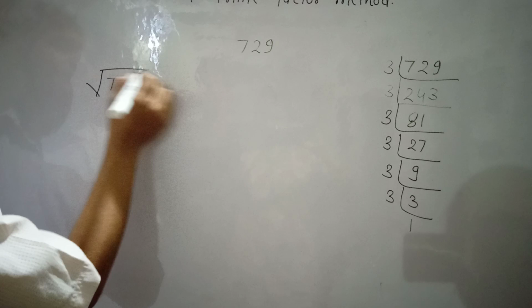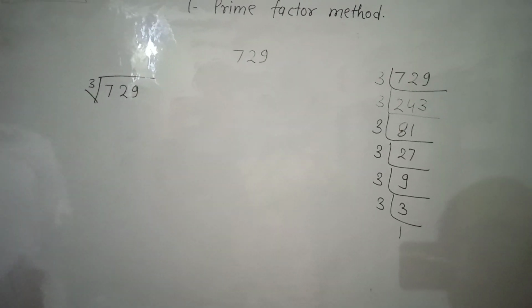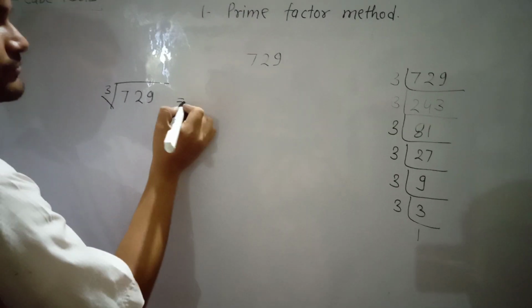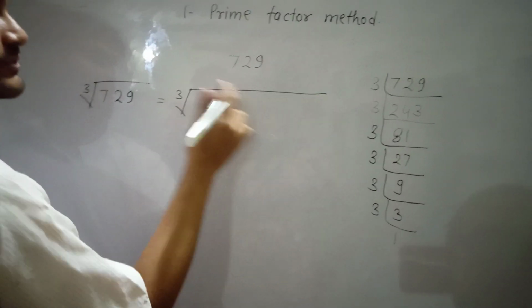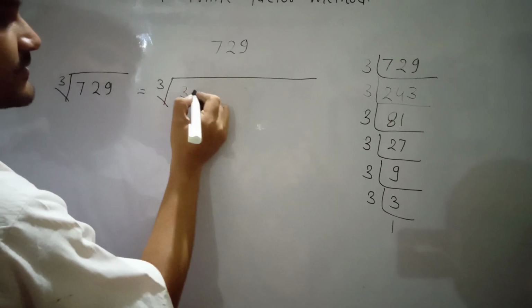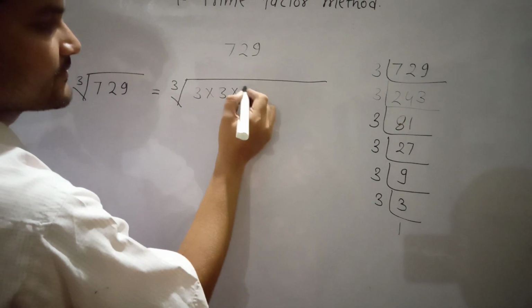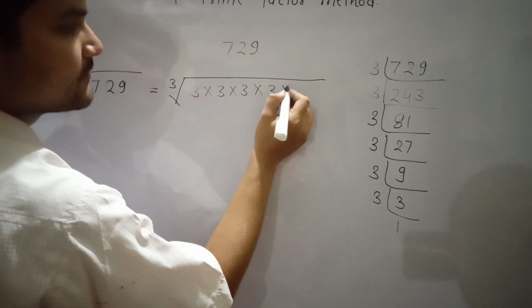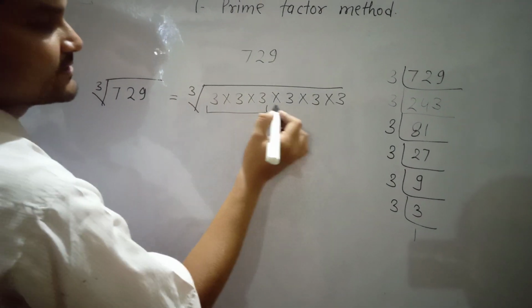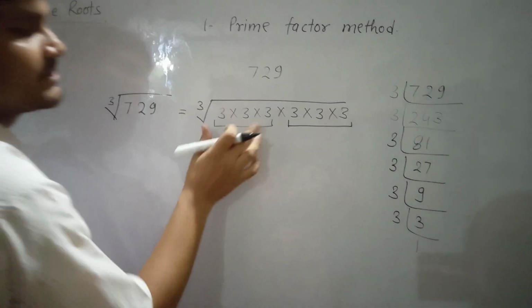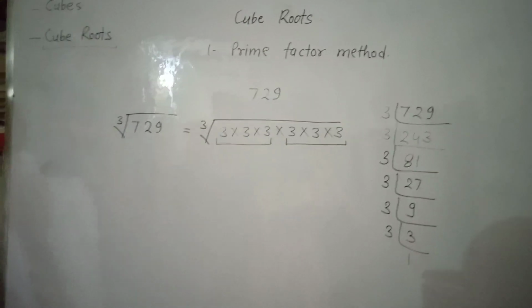Now that's the symbol of the cube root, and we put the prime factors inside it. After that we make groups of 3 numbers. Here we have 2 groups of 3.